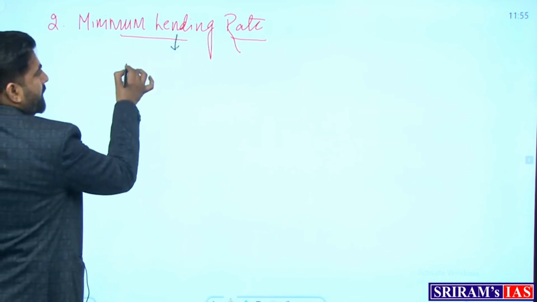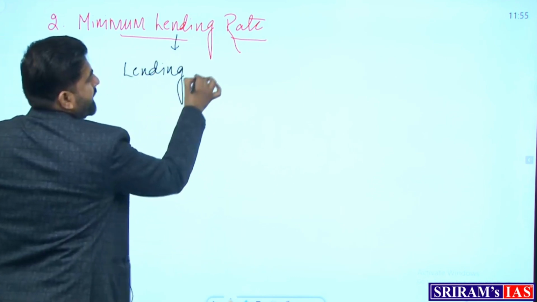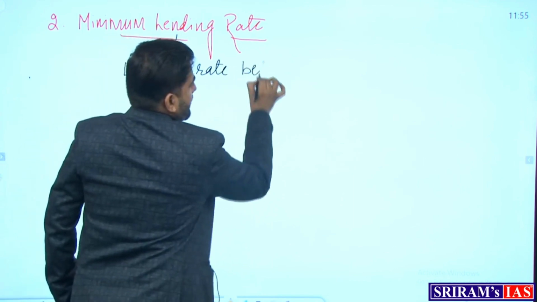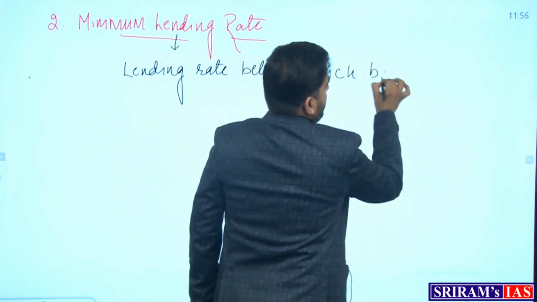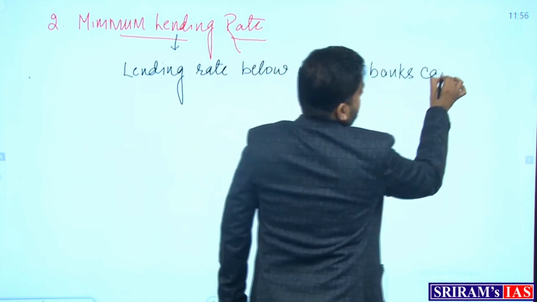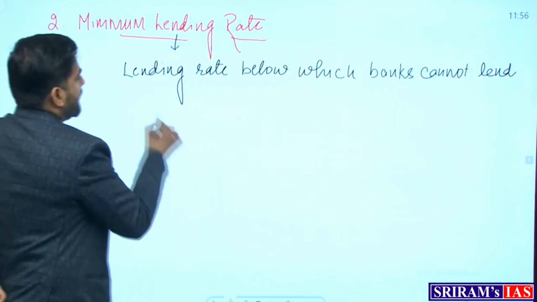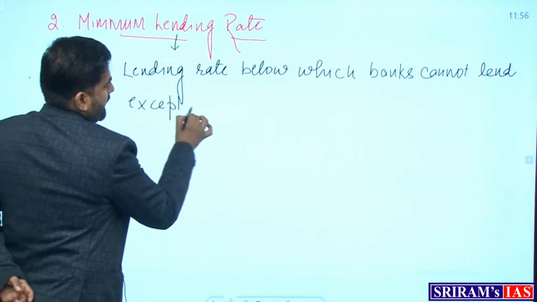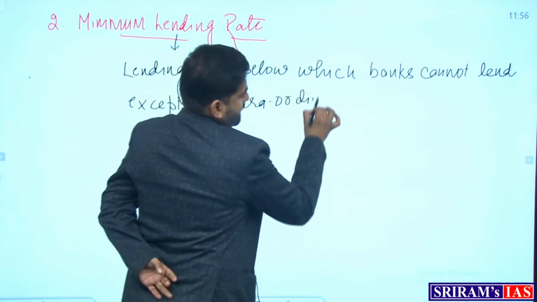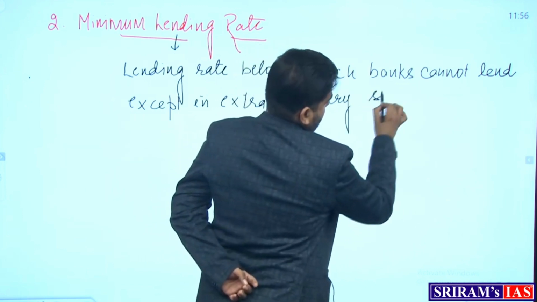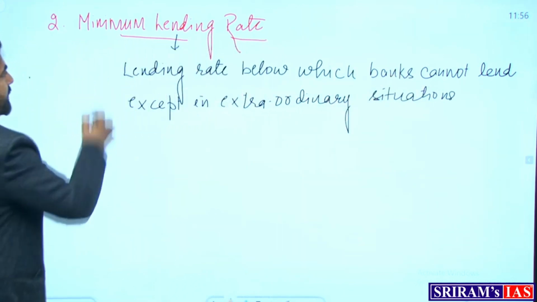Minimum lending rate refers to the lending rate below which the banks cannot lend, except in extraordinary situations. Clear?